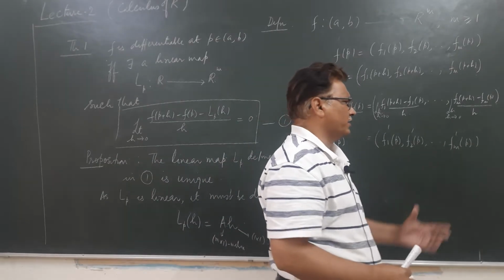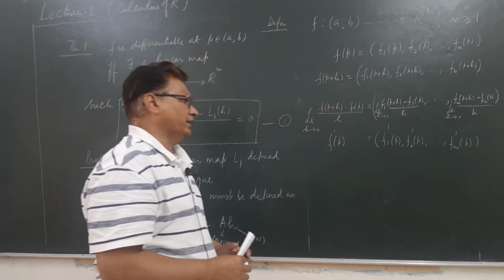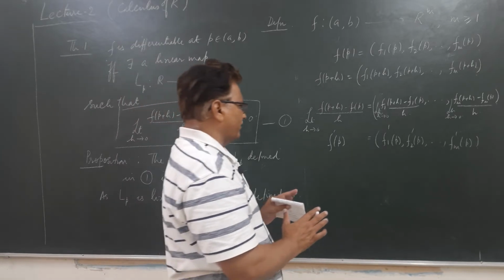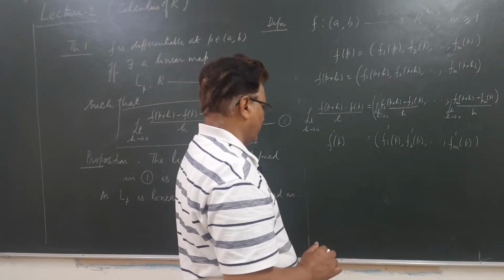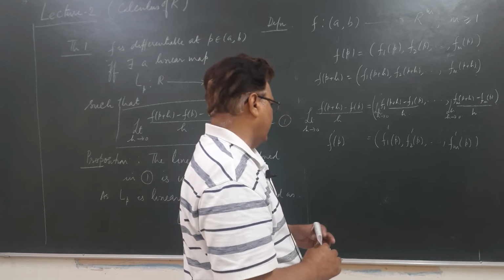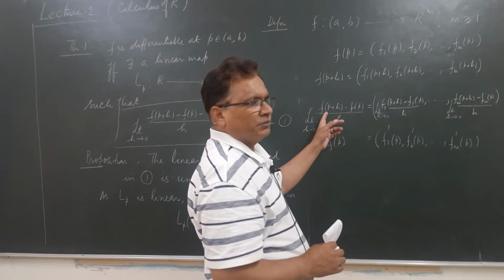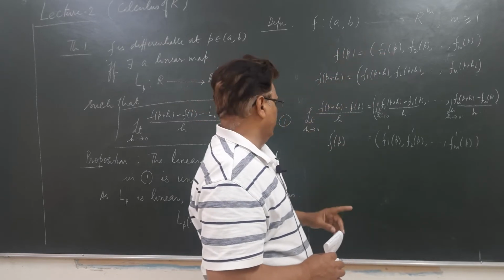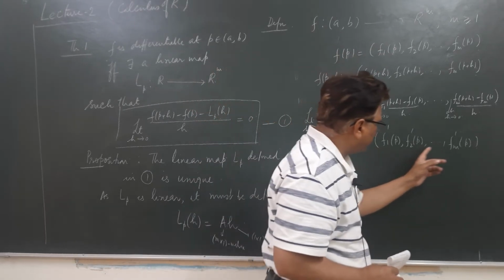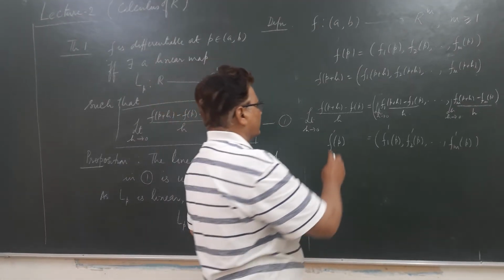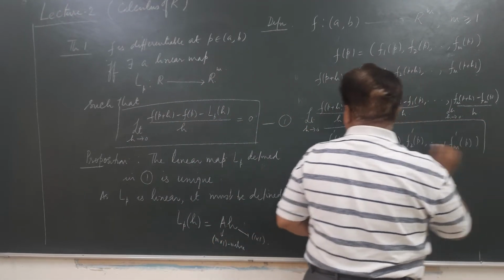I am writing it as a row vector, but I should write this as a column vector. So, this is what the derivative is, and what else you will say over here is that a function from (a, b) to Rm is differentiable at the point p if and only if each of its components is differentiable at p. So, that is an important thing that you should keep in mind.